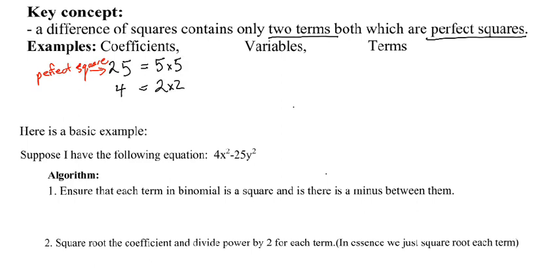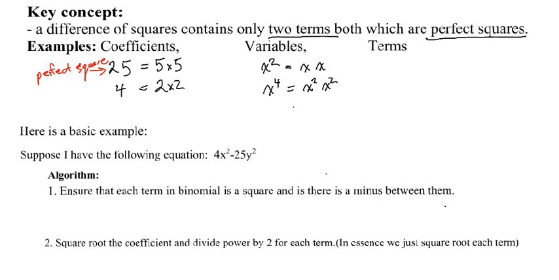Alright, now let's take a look at what a variable would look like if it was a perfect square. Let's say I had x squared. For a variable like this, we could write it as two terms, x times x. If I had x to the 4, I could write it as x squared times x squared.